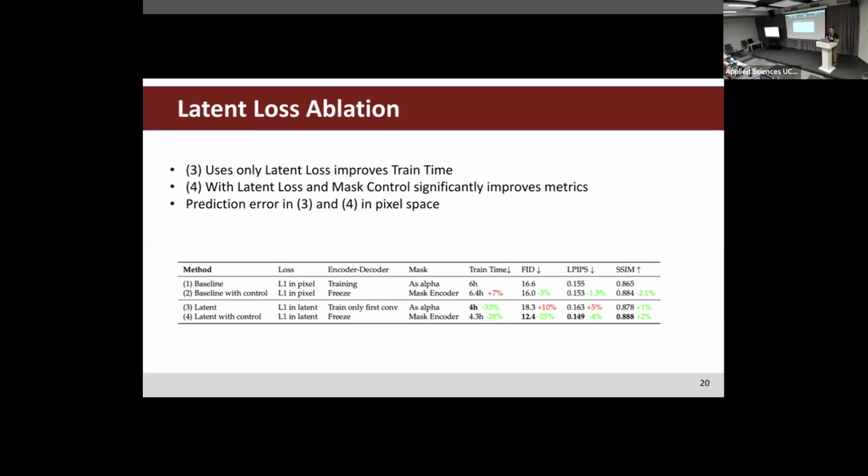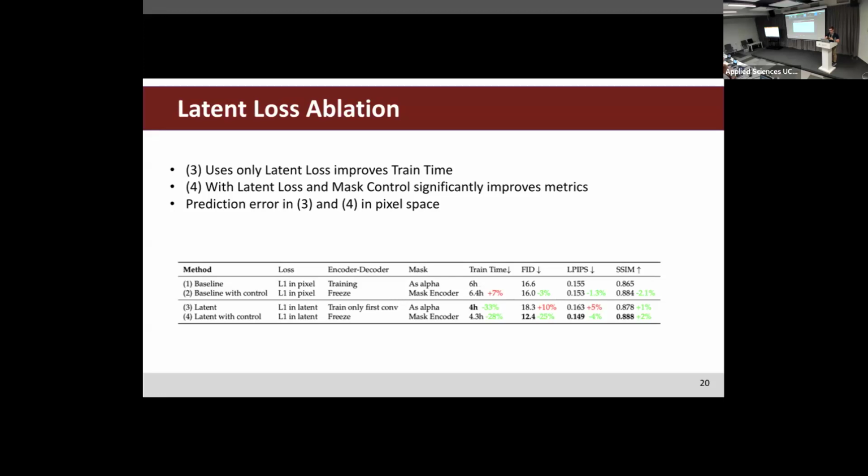But later we incorporate mask control and latent loss into the final experiments, and we show that it gives an improvement in training time, but also it managed to highly improve the final metrics.